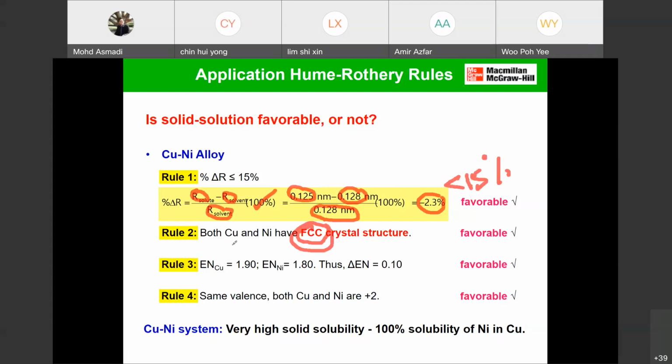Electronegativity difference you have to see from the periodic table. It is 0.1, very favorable, very close to 0. Copper and nickel are 1.9 and 1.8, so 0.1. Valence is the same, +2. So we can predict that the copper and nickel system has very high solubility, 100%. Even if we confirm by experiment, it's going to be highly soluble. This is the case of 100% solubility between copper and nickel.